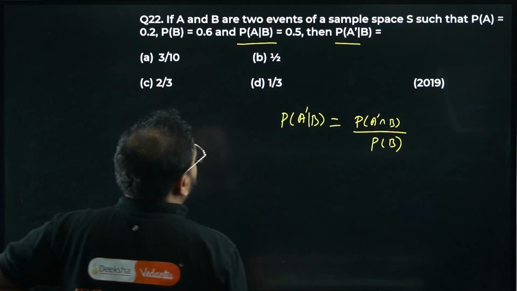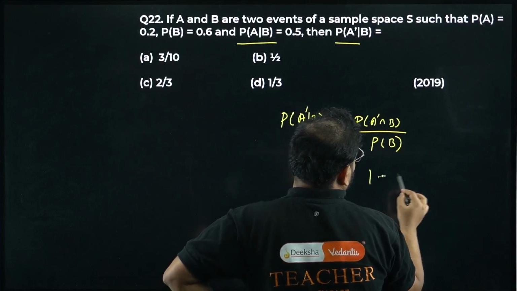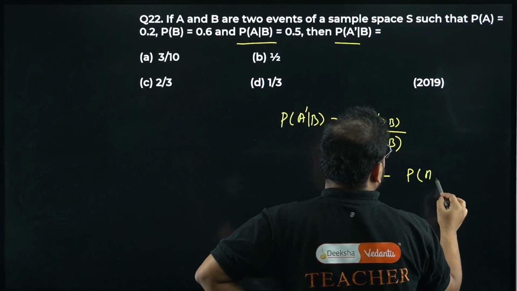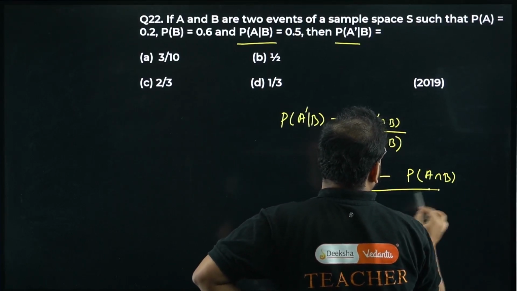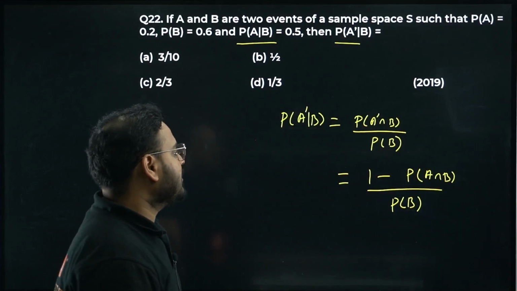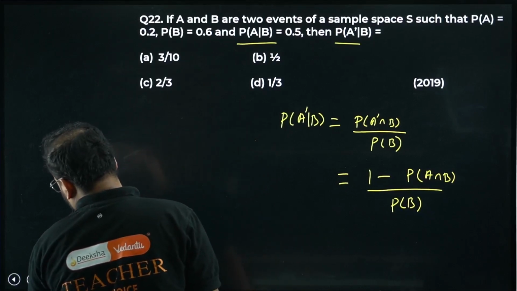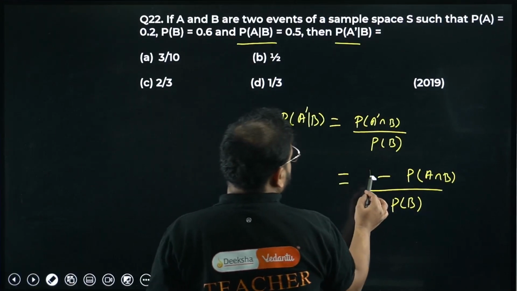Okay, and now how can I write this? From here it will become 1 minus P(A intersection B) upon P(B), right? Have a look. Is it right? No, sorry, it will not be 1, it will be P(B) actually.